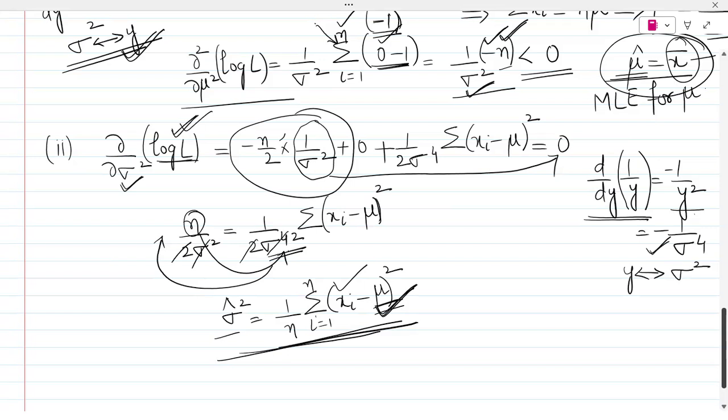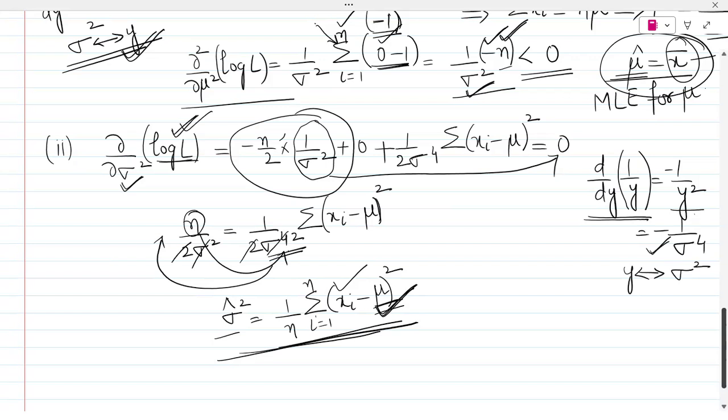Now, one remark here. If you go through any material on MLE, any author across the globe, verifying that the second derivative is negative will usually be missing.